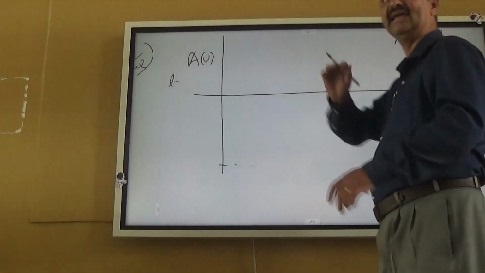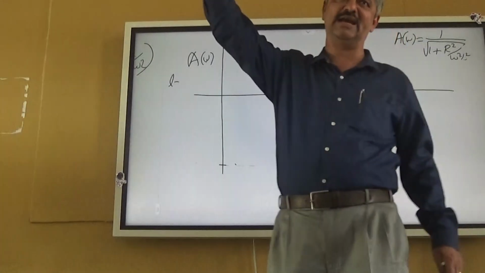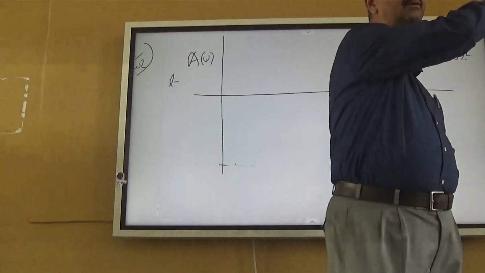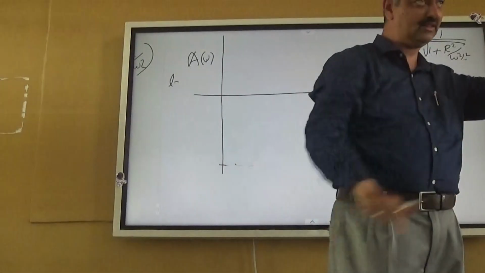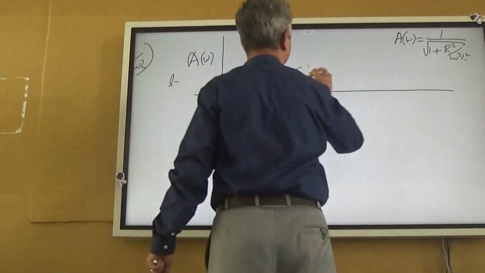So it is exactly a replica of the previous one. For the low pass filter, at 0 the gain was 1 and it was asymptotically going down to 0 when omega was approaching infinity. It is exactly reverse, like this.